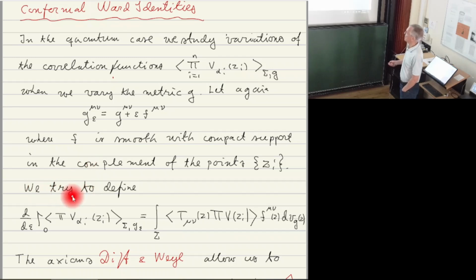And try to do the same thing. Maybe compute the derivative at 0 of the correlation function in this variation of the metric. And like in the classical case, it should be a linear function of this perturbation, times something.